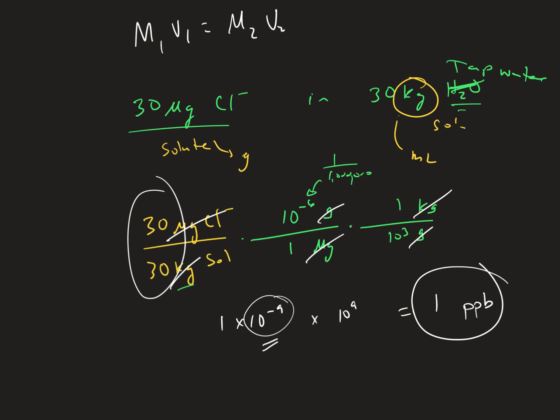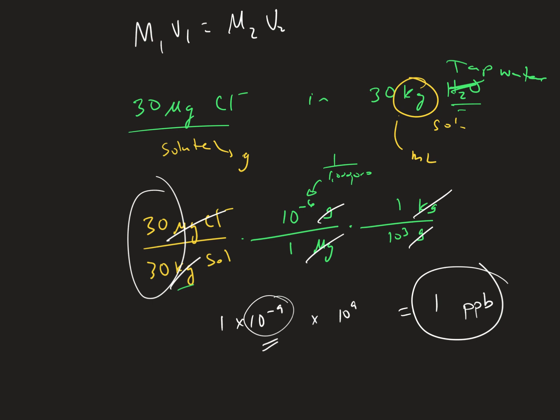And let your calculator do the math for you. You don't have to just be able to know that like I do, okay? But that's basically parts per million, parts per billion. Find the concentration, make sure your units cancel out, and multiply by either a million for parts per million, or a billion when you want to find parts per billion.